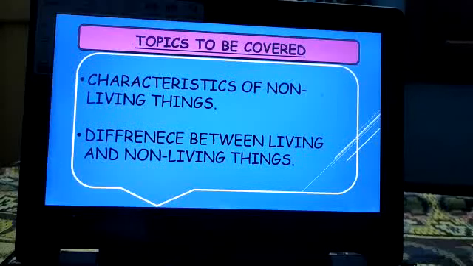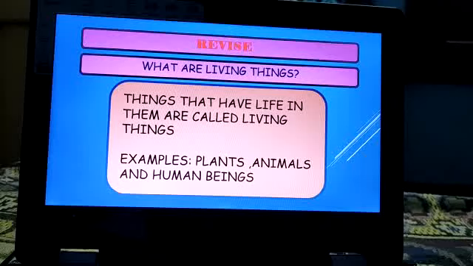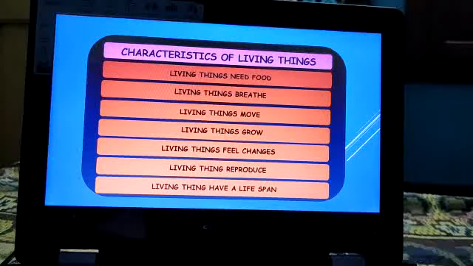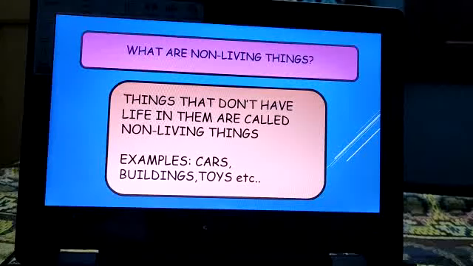Today, we will cover the following topics: characteristics of non-living things, and the difference between living and non-living things. But before that, let's take a quick look at what we have learned in the last class. We learned what living things are, their characteristics, and what non-living things are.